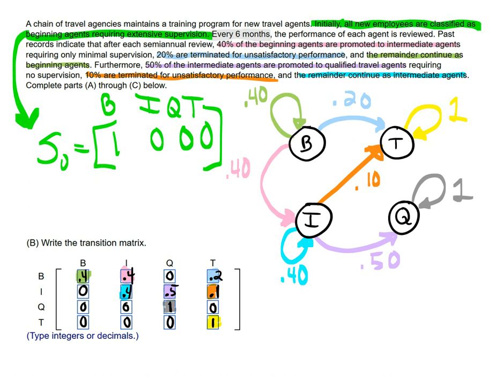Then the second part, and I try to highlight in gray here, but right here it says every 6 months, the performance of each agent is reviewed. Every 6 months.